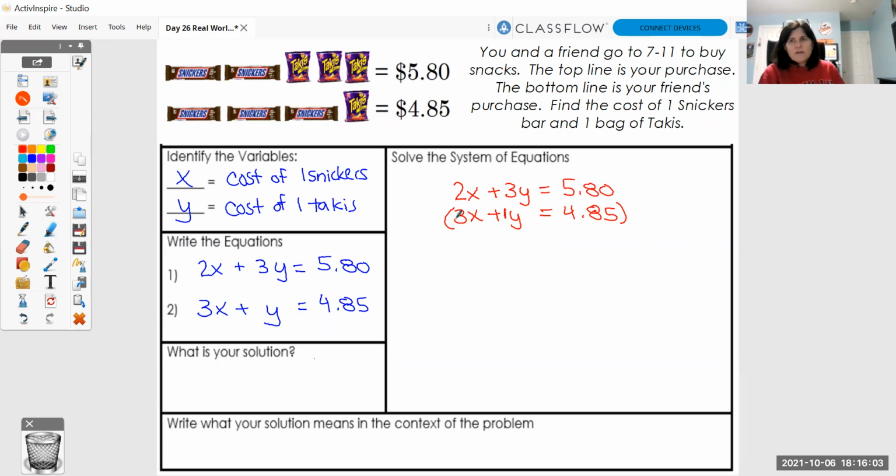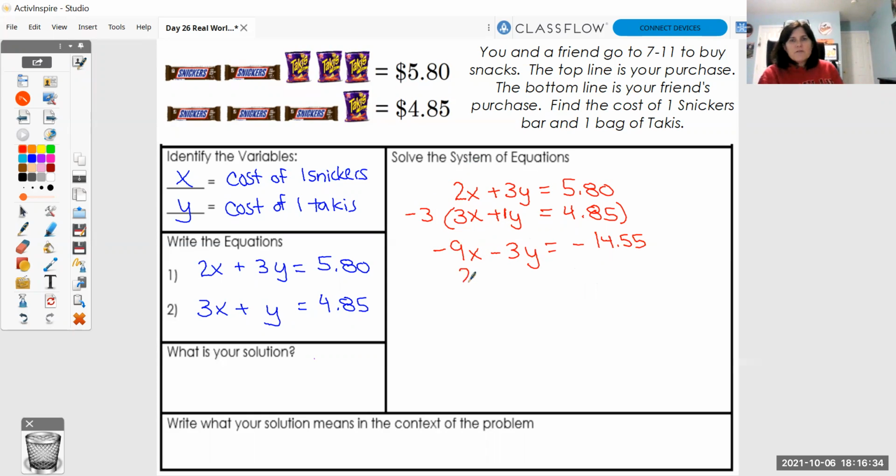Hopefully that makes sense. Let's multiply by -3, because that's going to turn that into a negative. So -3 times +3 is -9x. -3 times 1 is -3y. And 485 times -3, use my calculator, you are allowed to, is -1455.